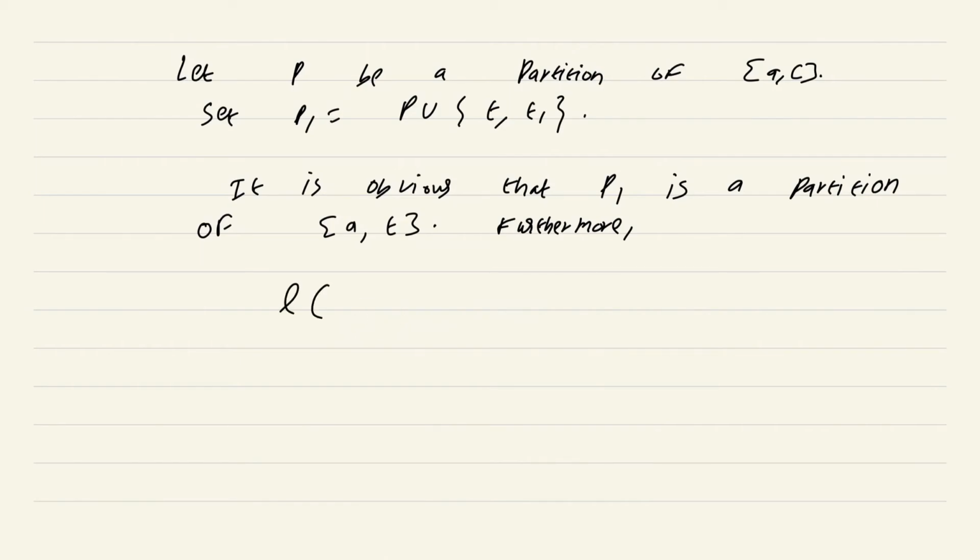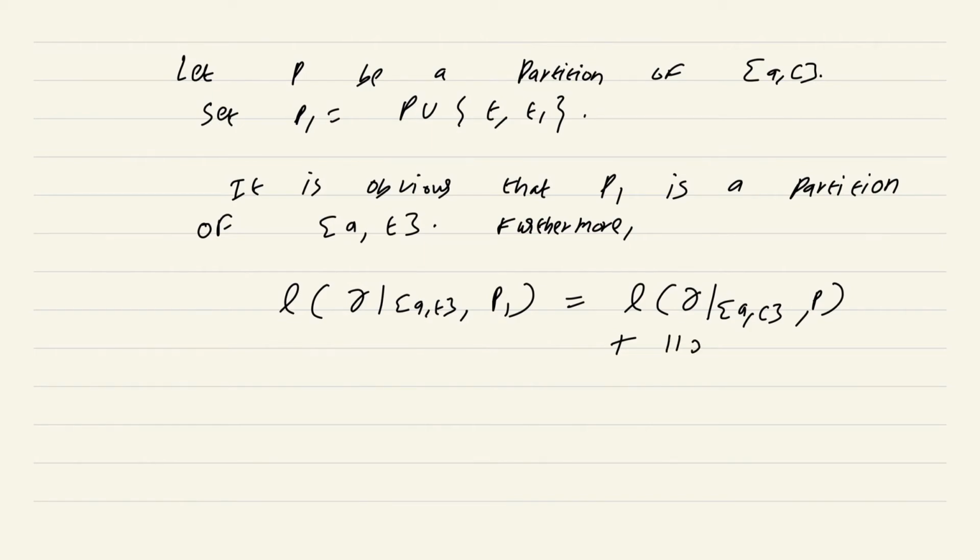The length of gamma restricted to [a, t] with respect to P1 is nothing but the length of gamma restricted to [a, c] with respect to P plus these additional points we have considered, t and t1, which is norm of gamma of t minus gamma of t1 plus norm of gamma of t1 minus gamma of c.